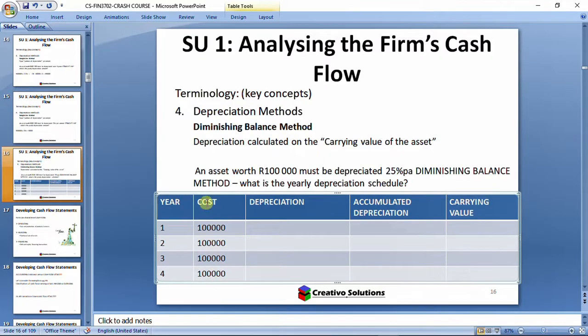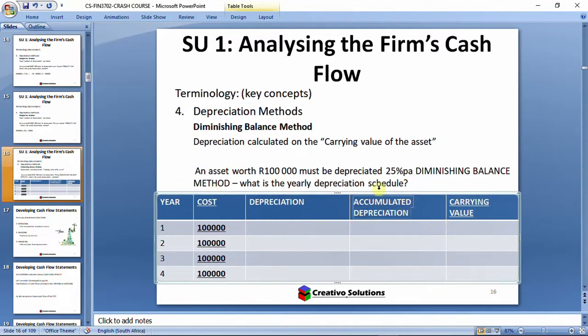The cost will stay 100,000 every single year until the end of the asset's useful life. Will the carrying value change? Yes, it will. It'll get smaller and smaller because the value of the asset in terms of carrying value will decrease because of the additional accumulated depreciation.